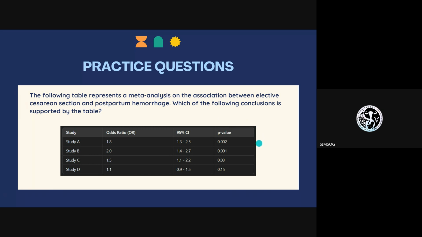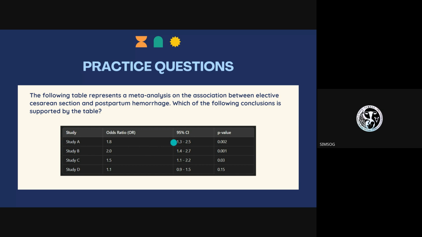Just tell me your interpretation of study A. It is significant because the p-value is 0.002, below the cutoff. As you can observe, both the limits of the confidence interval are more than one.